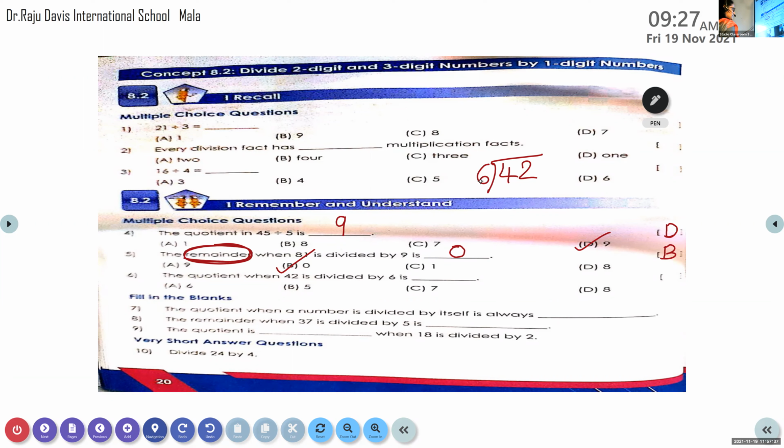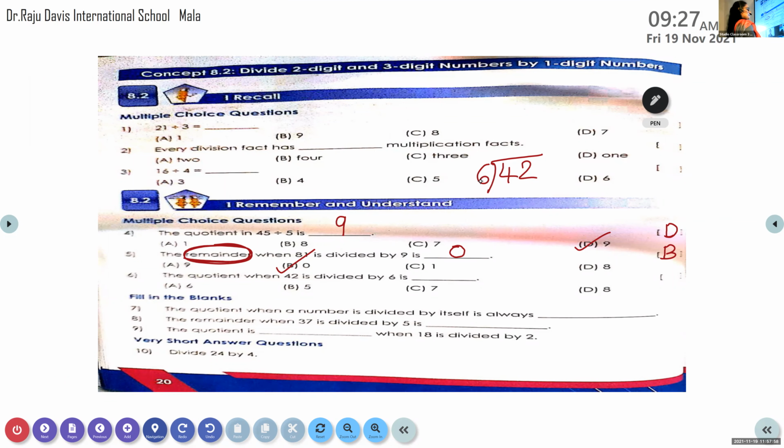We want to compare 6 and 4. 6 is greater than 4. 6 table starts with 6. 4 will not come in the table of 6.